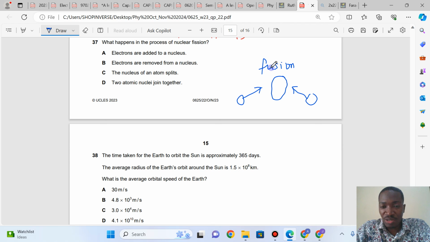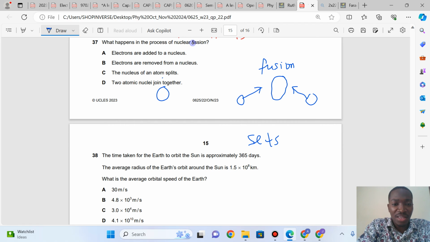Consider this U. I'm sure you've done the topic sets in mathematics. Consider this U to mean union, the union of two smaller nuclei to form a heavier one. That's nuclear fusion. But when you hear fission, consider this I as what is breaking it apart.